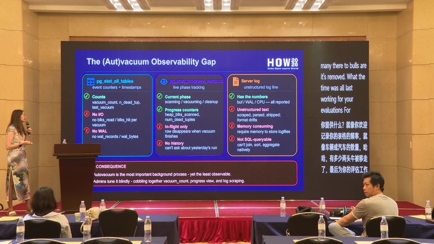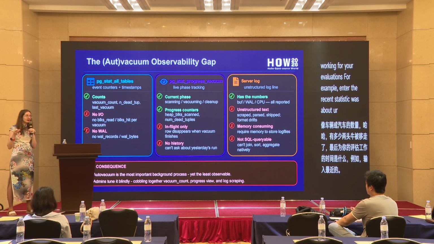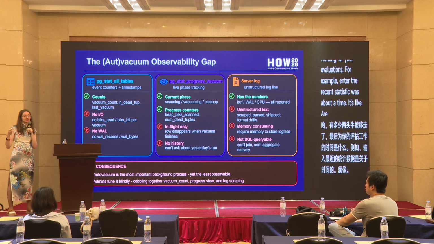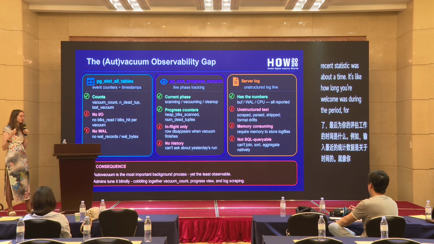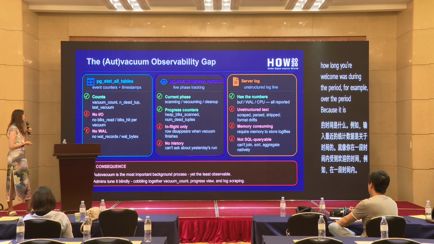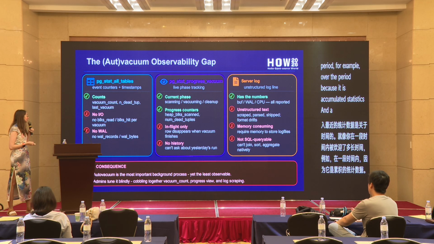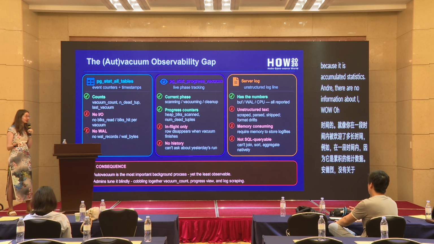And the recent statistic was about time, like how long your vacuum ran during the period, because it is cumulative statistics. And there is no information about I/O for vacuum.